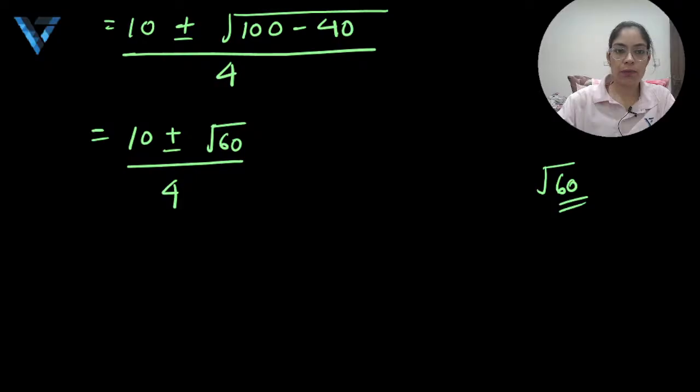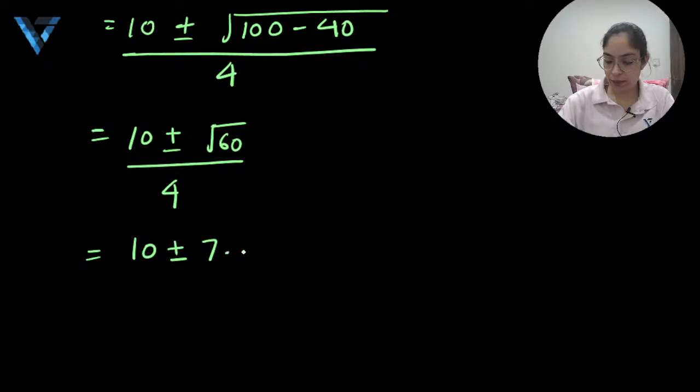In the square root table, what is the value of root 60 given to us? 7.745. So 7.745 by 4.